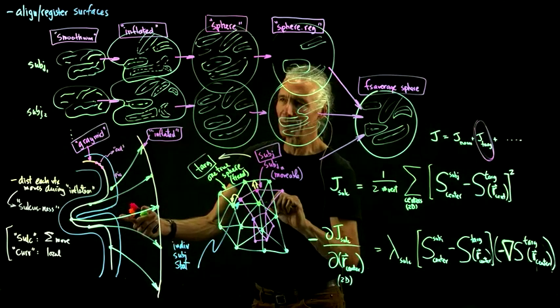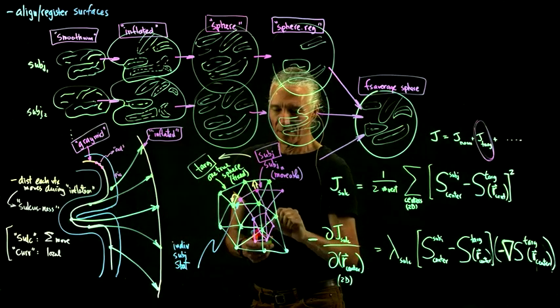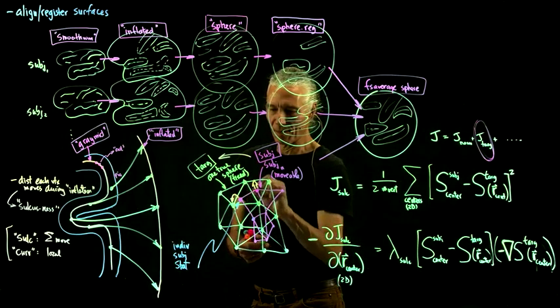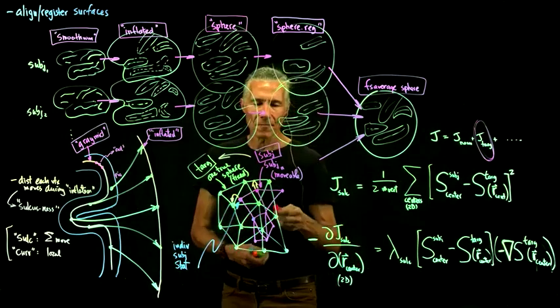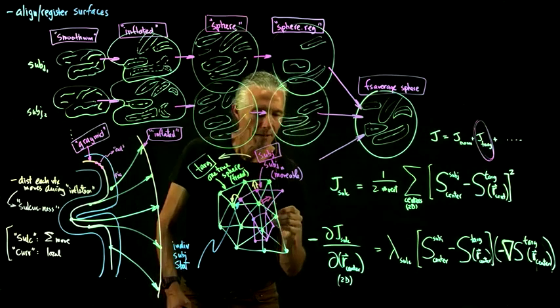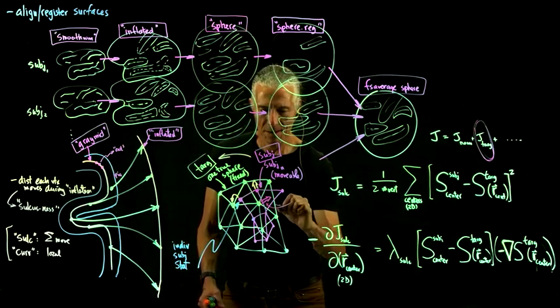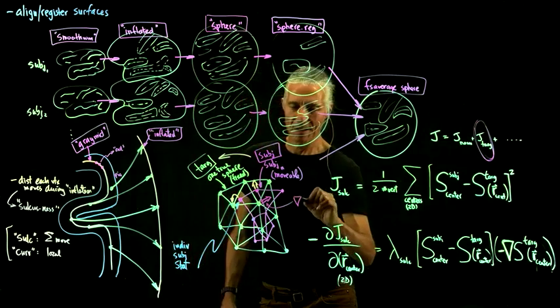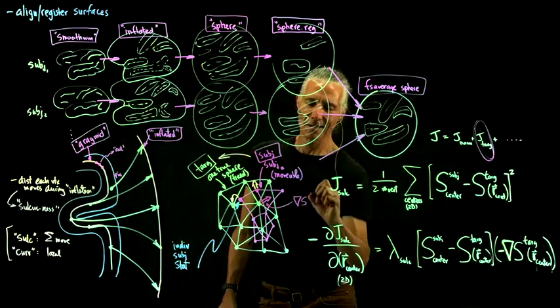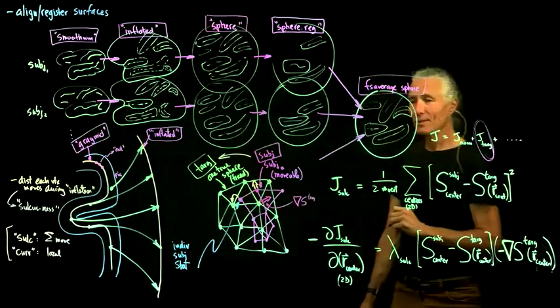This is a 2D gradient. Say it changed very rapidly in this direction, and less in these other ones as we go to these other vertices. So maybe something like this. This will be the gradient in sulcusness of the target, and that's a vector.